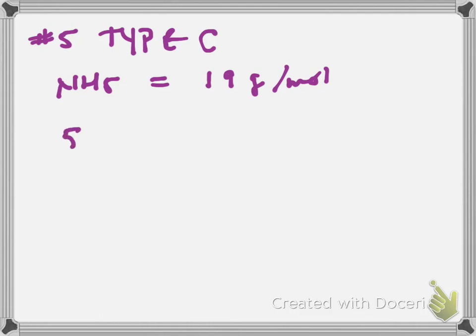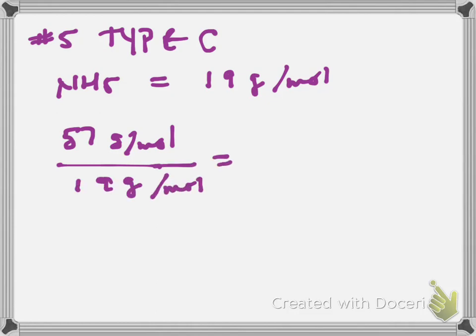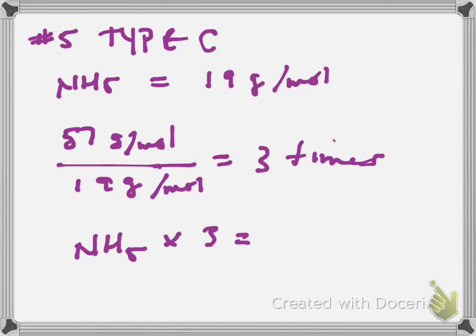They gave me 57 grams per mole for my molecular formula. Divide that by 19 that you just found out, and you get a factor of about exactly 3 times. What do you do? Take the empirical formula that you were given and realize that the actual molecular formula must be 3 times bigger than that one. So it is N3H15.